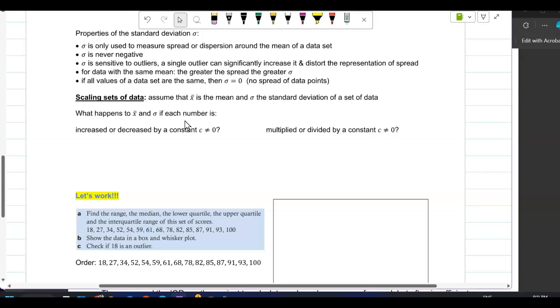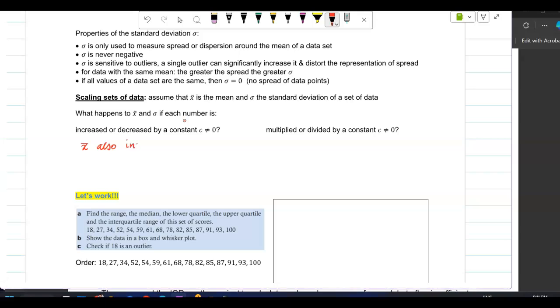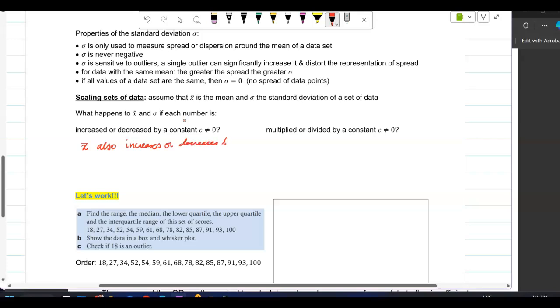If all numbers have increased by the exact same amount, then the mean would increase or decrease by the same value, but the standard deviation doesn't change. The spread does not change.